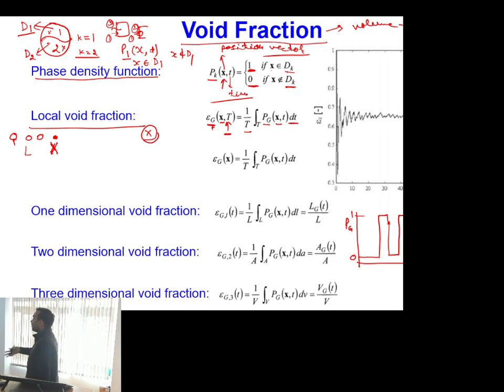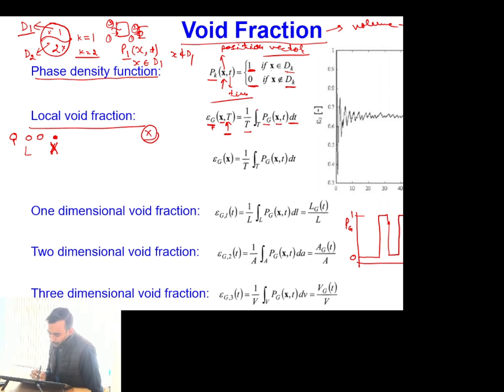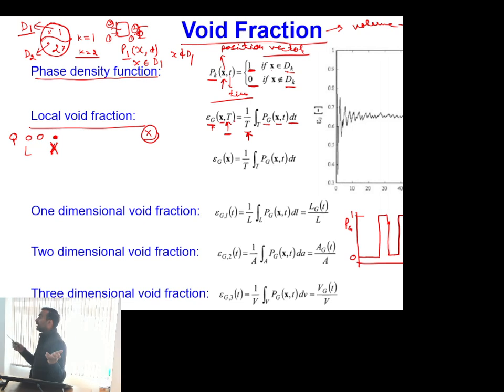So a good number of fluctuations it is accounting for. Then if I do an integral over that large time period, then whatever output I get will be almost an average representative for that particular time period T. Is this point clear? Are all clear with this point?